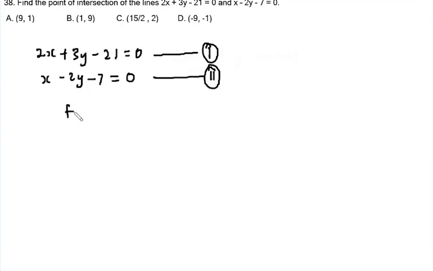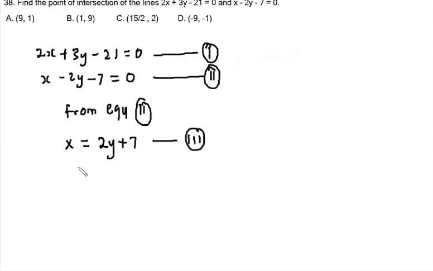From equation 2, I can make x the subject of the formula. So x is equal to, moving 2y and minus 7 to the other side, 2y plus 7. So we can call this equation 3. Then now plug equation 3 into 1.